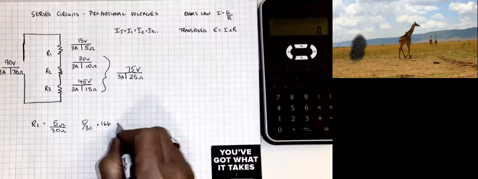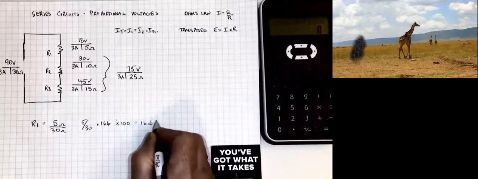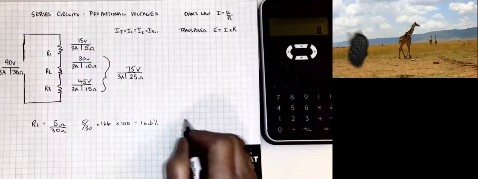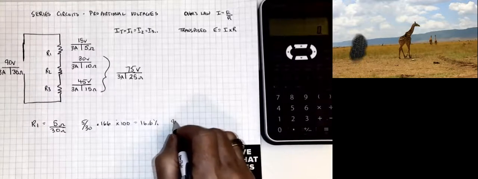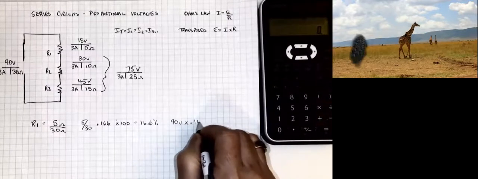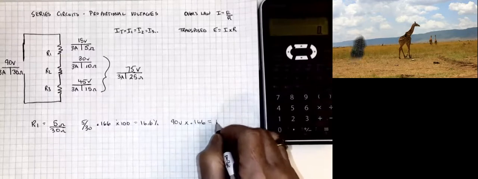And if we times that by 100, we would end up with 16.6% of the voltage will fall across R1. And if we take that, we knew that 90 volts was our total times 0.166, and we will end up with that 15 volts.